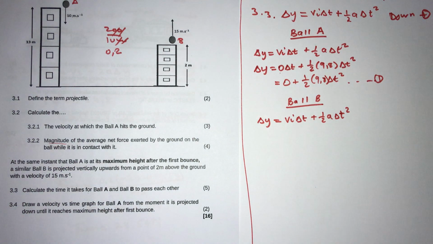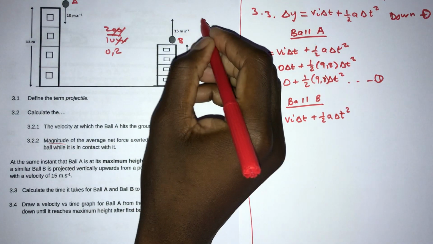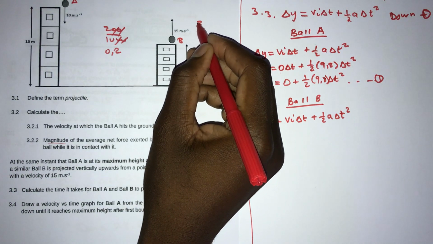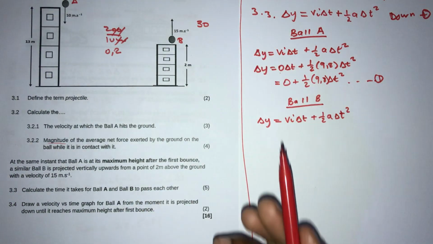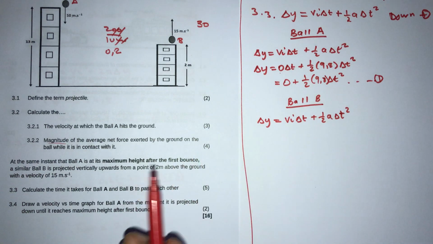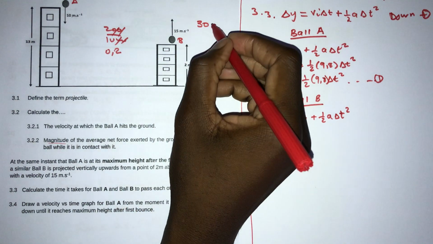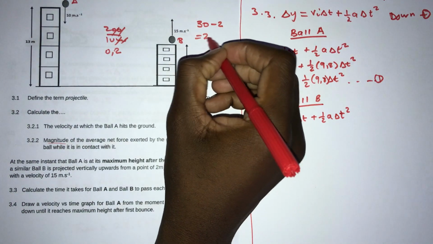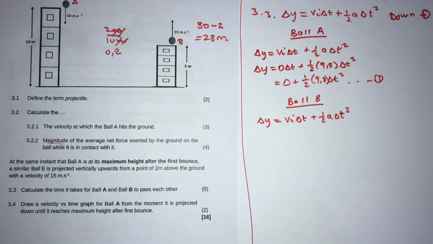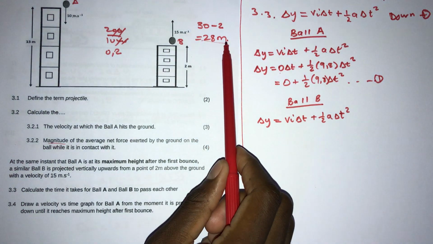It means that now the distance between ball A and ball B is what? Ball A is 30 meters above the ground after the first bounce, but ball B was 2 meters above the ground. So 30 minus 2, that is 28 meters. It means that ball B was 28 meters apart from ball A. This is ball B we're talking about.